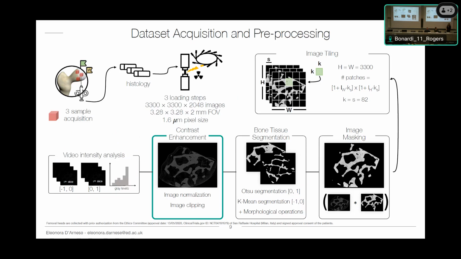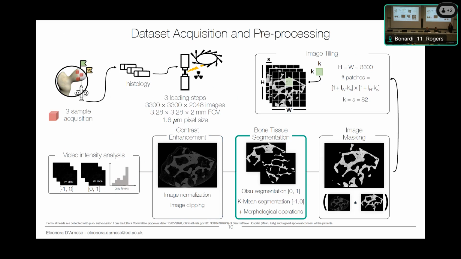And so what we have done is normalizing the image and clip the intensities to get a better view of the data. We have then segmented our bone by applying an Otsu method for segmentation and a K-means approach depending on the 2 different groups of images.